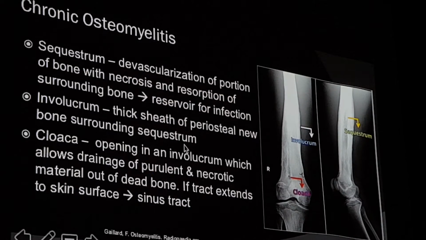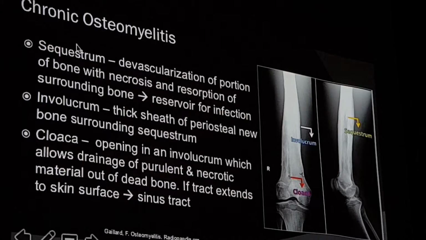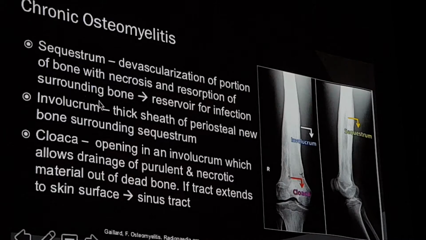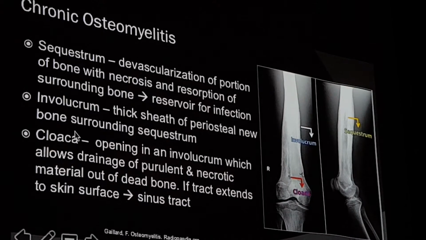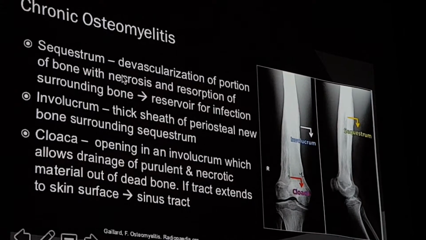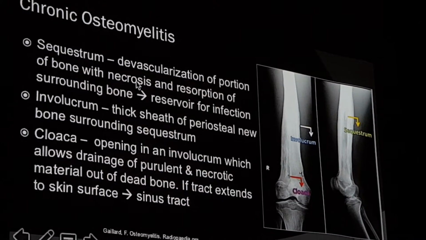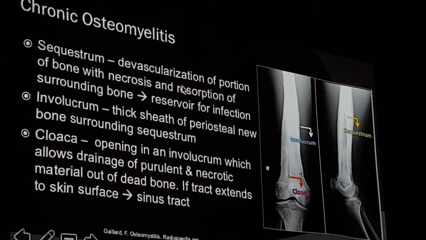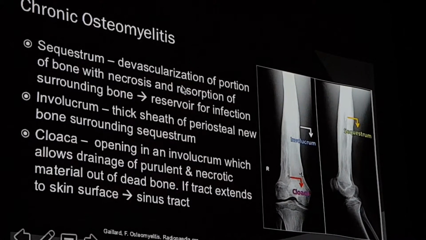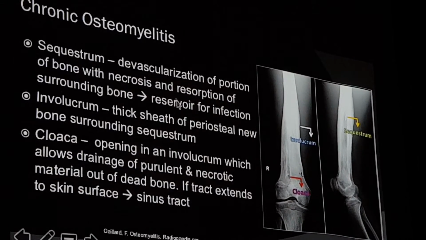One of the things to know is the definition of terms when we're talking about osteomyelitis, and chronic osteomyelitis in particular: the formation of a sequestrum, the formation of an involucrum, and the formation of a cloaca. For sequestrum, we are talking about devascularization of bone with necrosis.